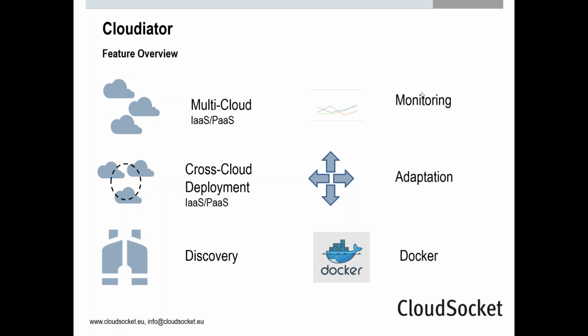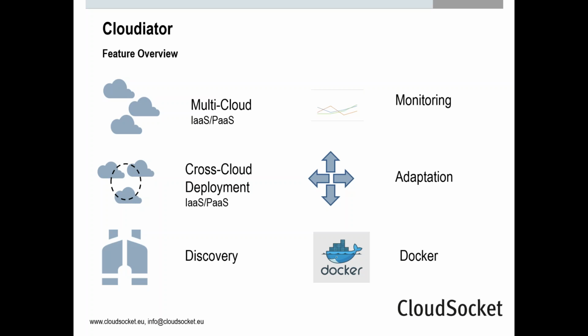Then there are as well monitoring and adaptation capabilities. So monitoring the system usage or application-specific metrics of a deployed application, and scaling a deployed application. And there is native Docker support in Cloudiator.